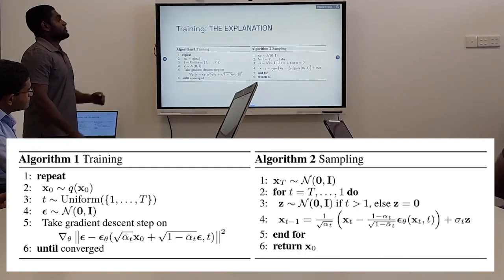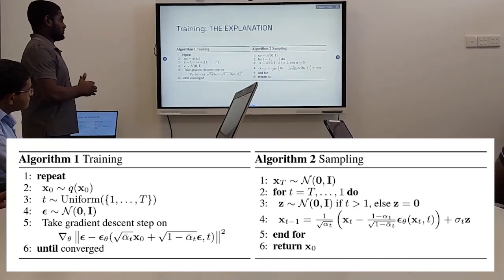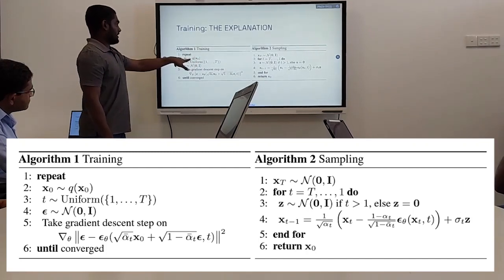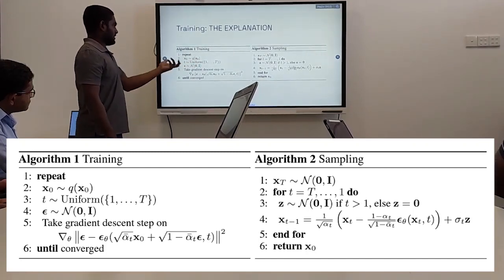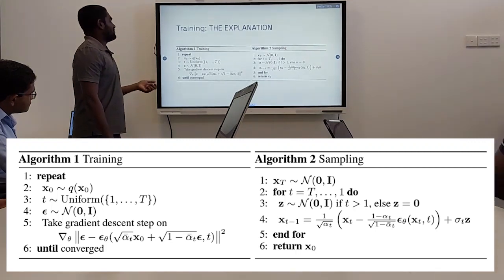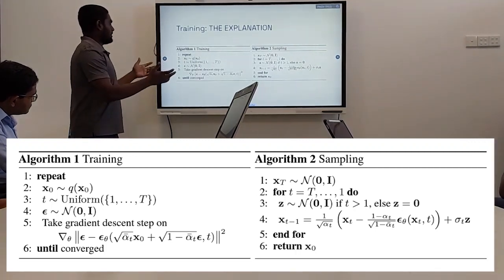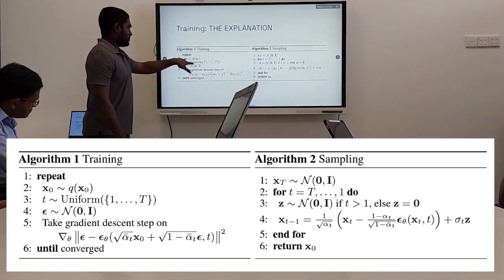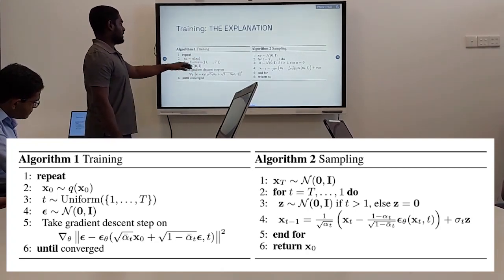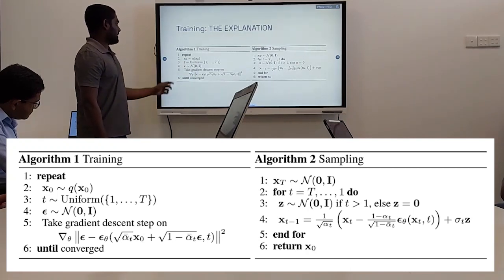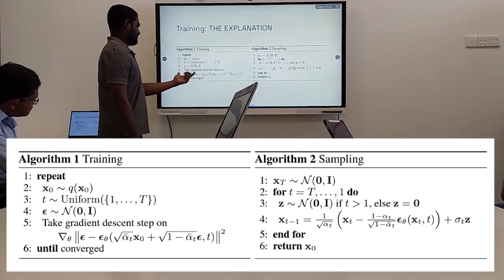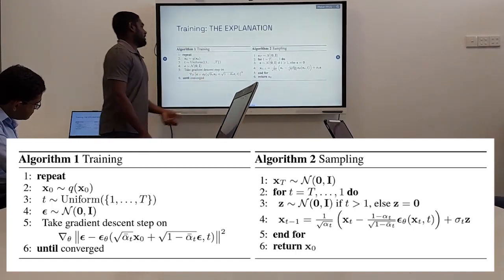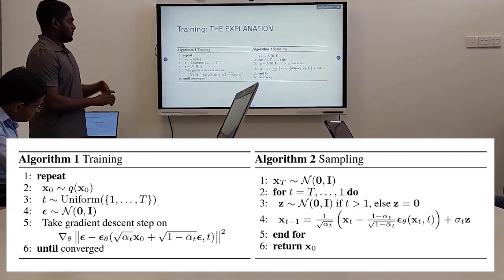So this is the actual training algorithm. As I mentioned before, we sample x_0 from the image, then we sample t from this uniform distribution, and also noise. By optimizing this over gradient descent steps, we can converge and do the training.